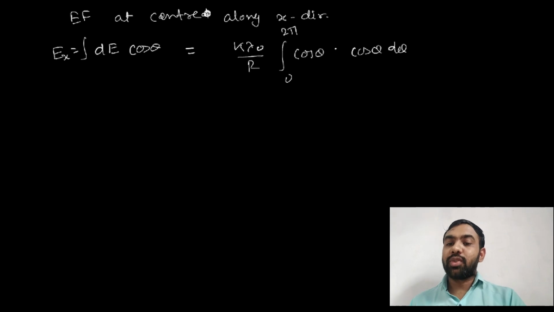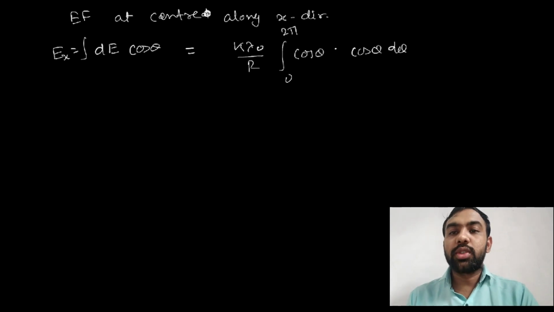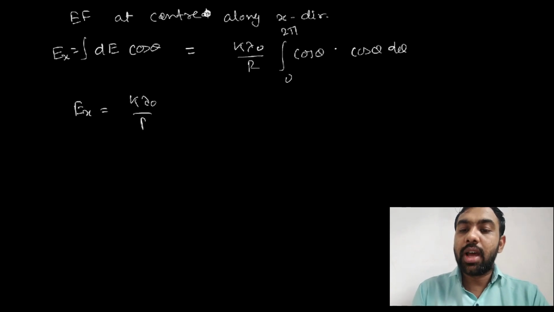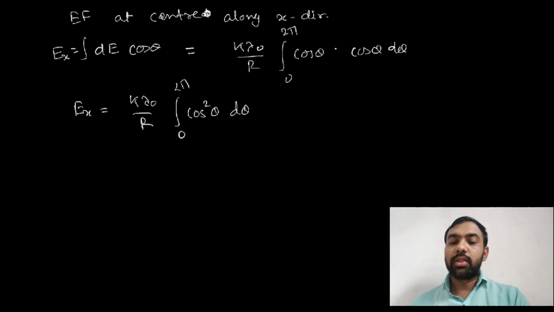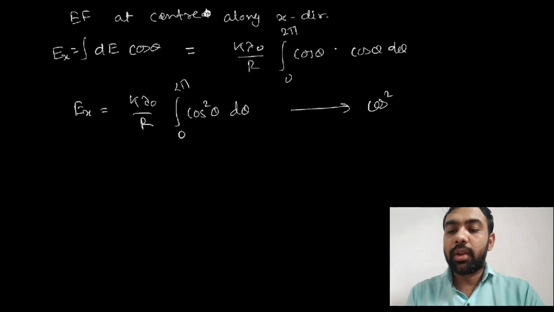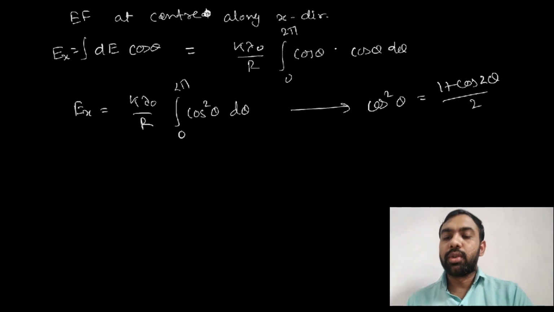Okay, so what is the answer? cos theta into cos theta, what? cos square theta d theta. So Ex is equal to k lambda 0 upon r integration cos square theta d theta from 0 to 2 pi. So what is cos square theta? Use the trigonometry: 1 plus cos 2 theta upon 2.